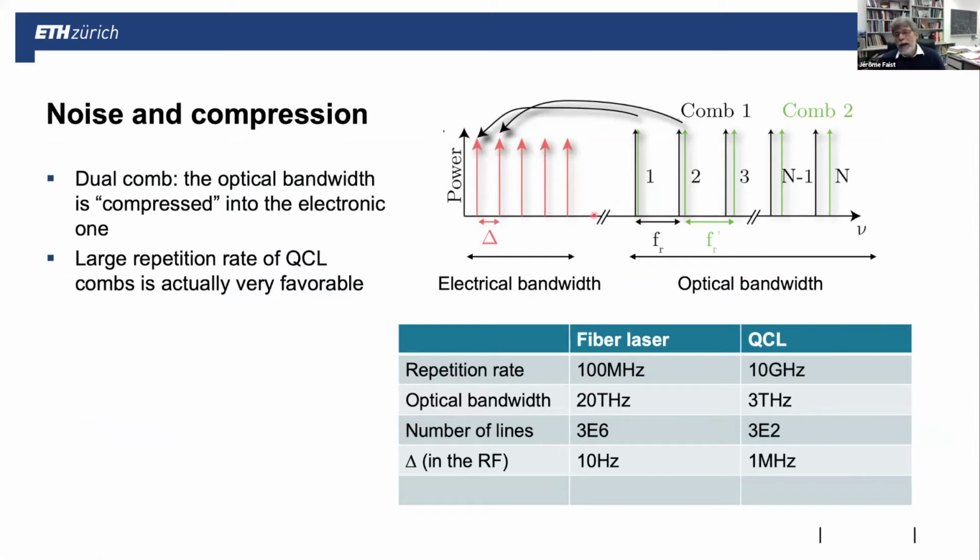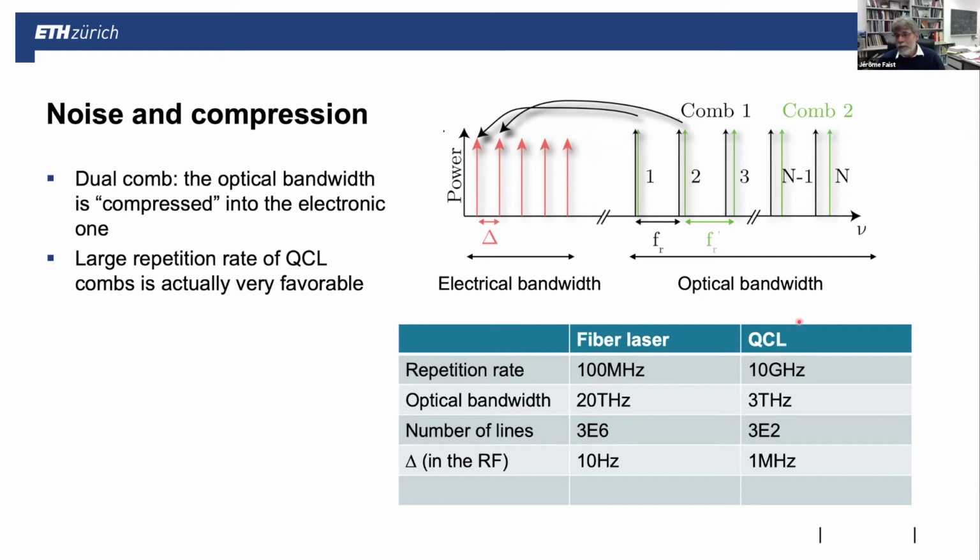Now, if you assume you have a half gigahertz of electrical bandwidth, it means that you can only have so much spacing between the modes. That's why, if you take a fiber laser that has a repetition rate of 100 megahertz and an optical bandwidth of maybe 20 terahertz and 3 million lines, this spacing between the modes in the RF domain can only be of the order of 10 hertz.